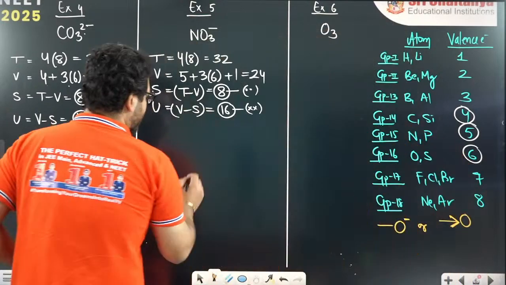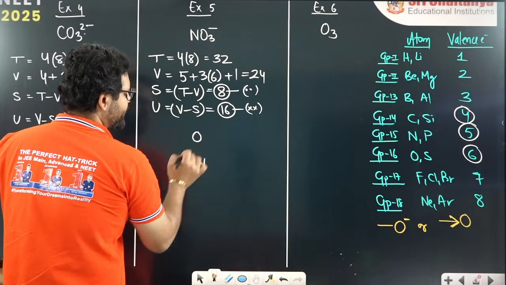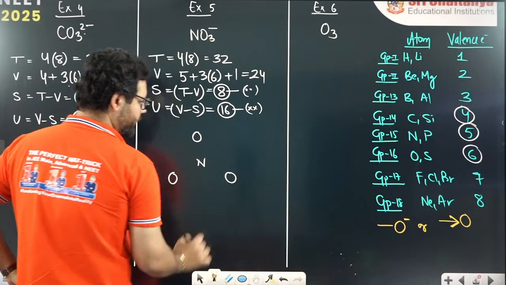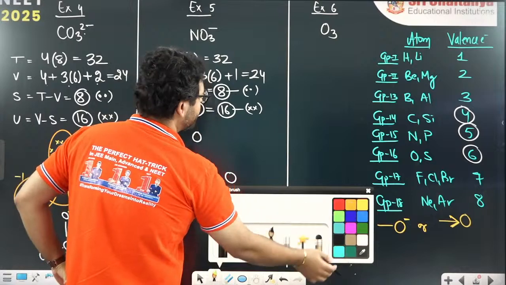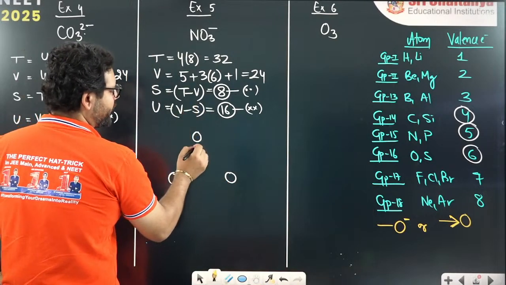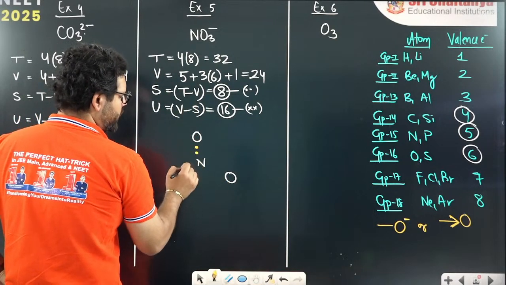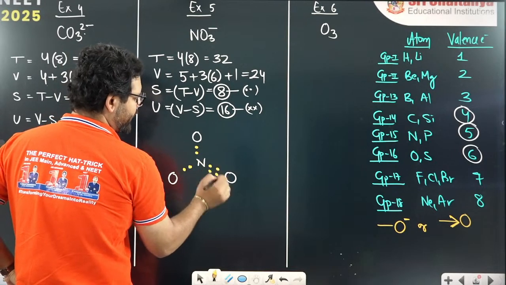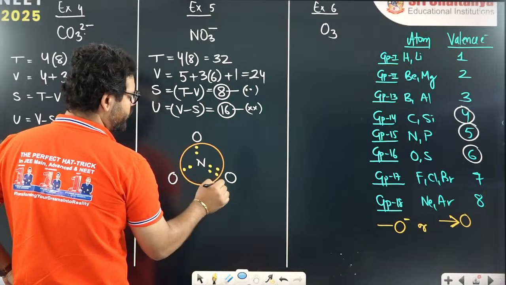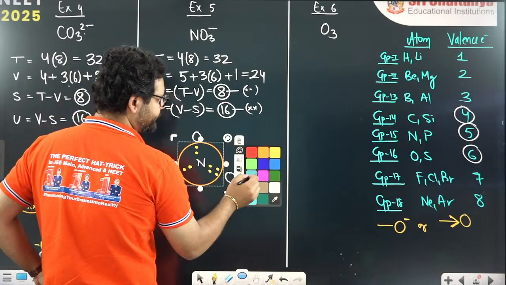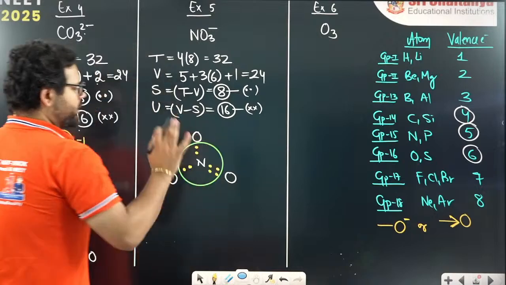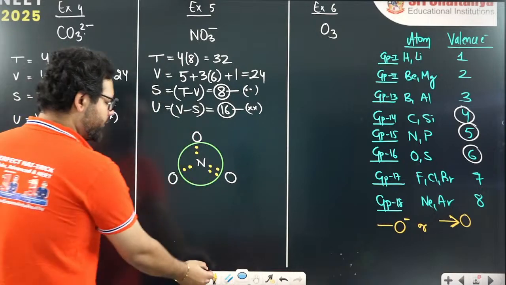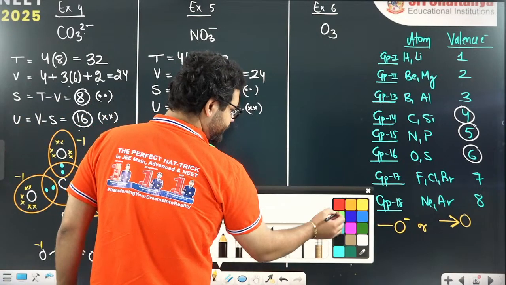Let's draw quickly. Nitrogen in the middle, oxygen on the sides. 8 sharing: 1, 2, 3, 4, 5, 6, 7, 8. Nitrogen says, I am done. Don't give me any more electrons. Nitrogen's octet is complete. So give unshared only to oxygen.